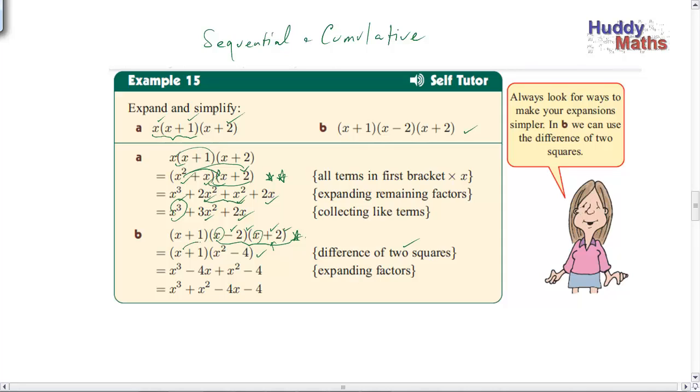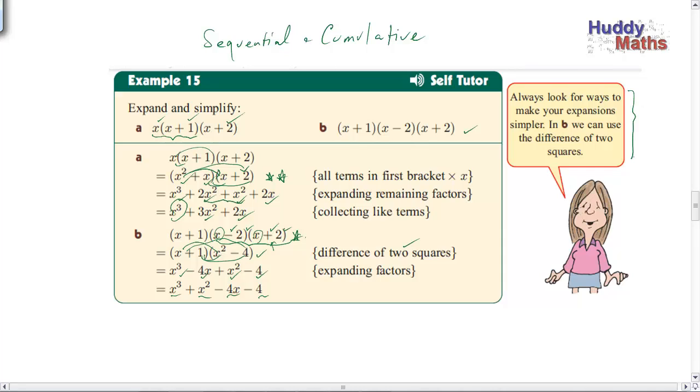Then it's this one by this is x cubed. This one by this, negative 4x. This one by this, x squared. This one by this, negative 4. Okay, so we've got 1 x cubed term, we've got 1 x squared term, 1 x term. So there's no collecting of like terms here. All the terms were different from each other. Your turn. Let's have a look.